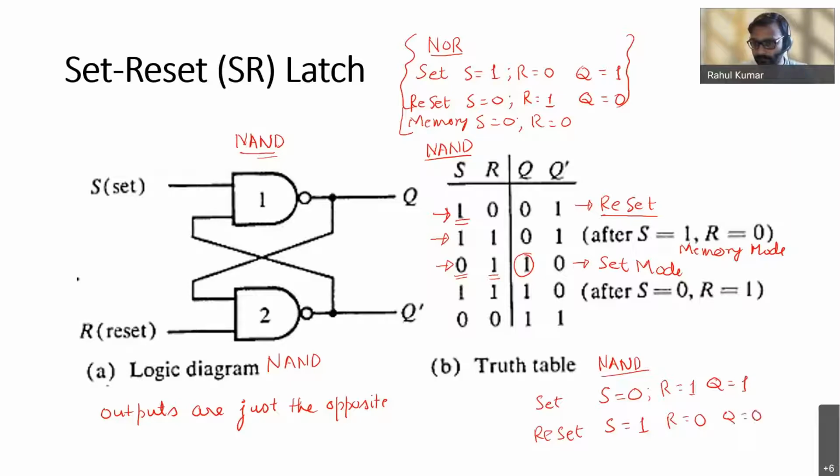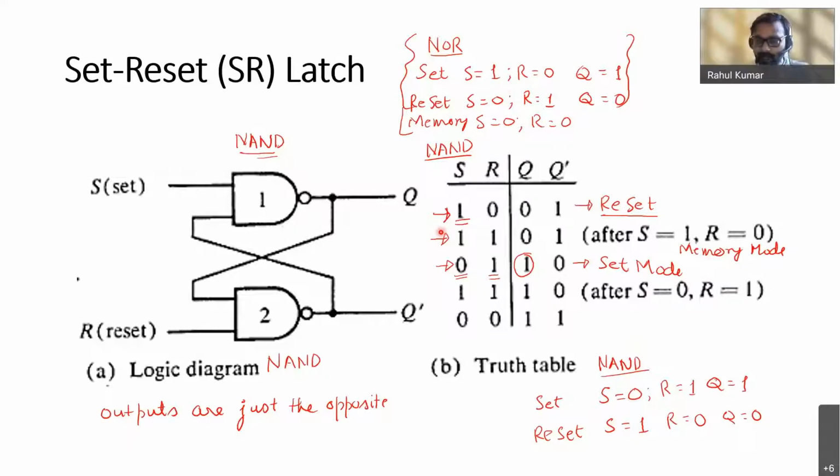Then my output Q is becoming 0. So you can compare. It is just the opposite of what we were doing in the case of NOR gate. Okay. Otherwise, it's almost the same.